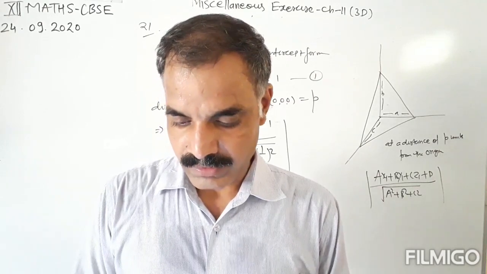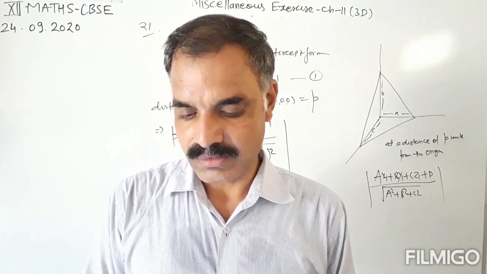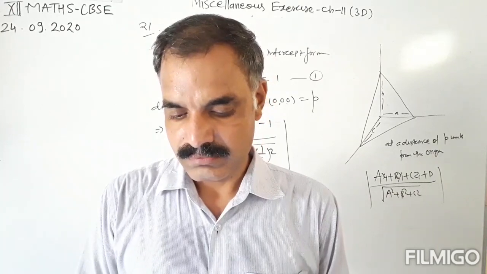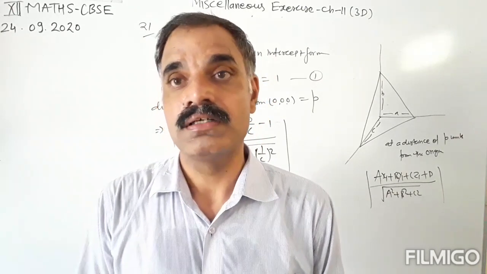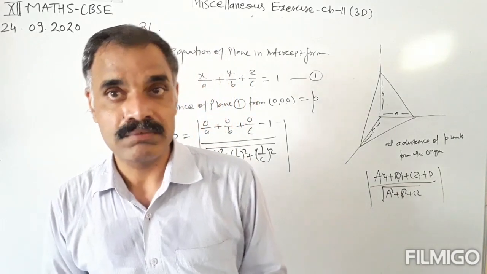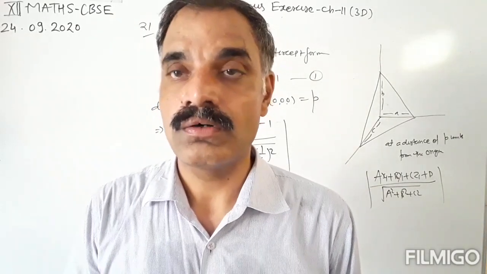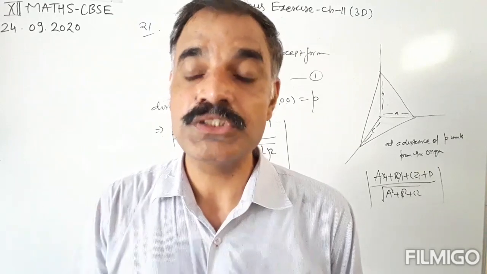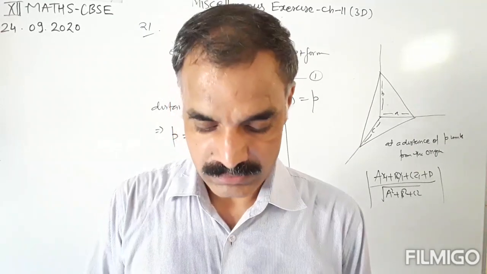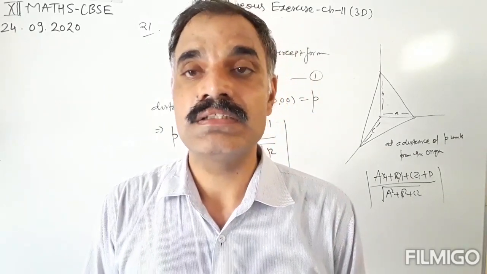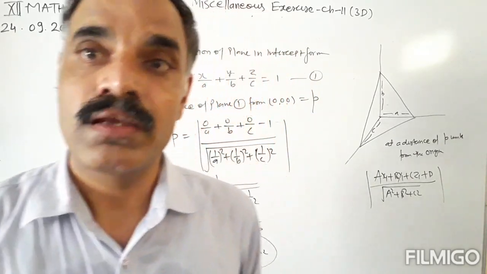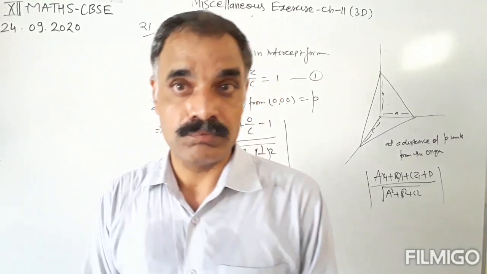The two given planes are parallel, so we have to find the angle between them, and after that we will decide which option is correct. So this was the miscellaneous exercise of chapter number 11, that is three-dimensional geometry.